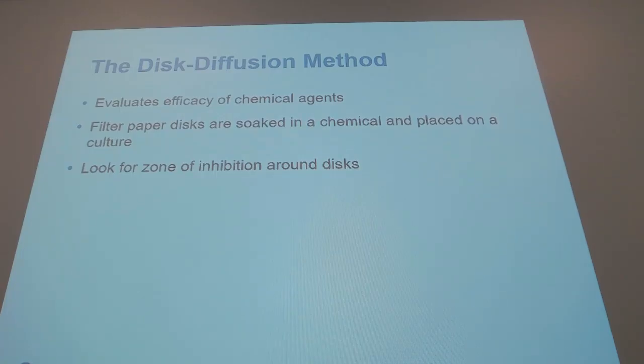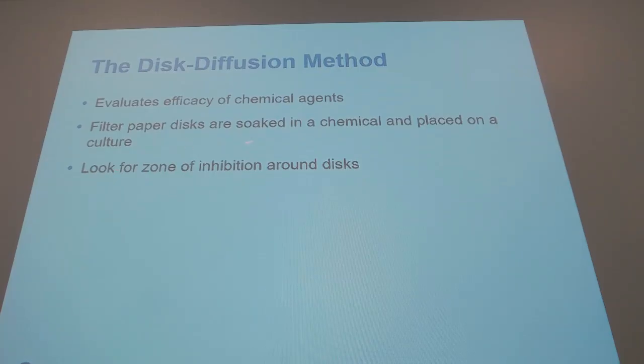Now, another method that is useful for testing the efficacy of disinfectants is the disc diffusion method. In this method, what you use is filter paper in some cases, or a specialized disc that has a specific disinfectant.